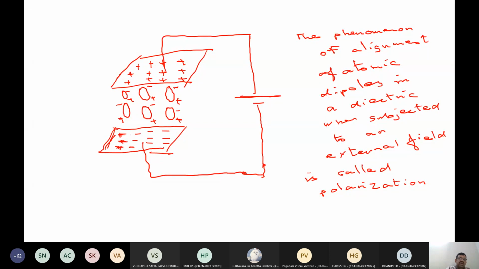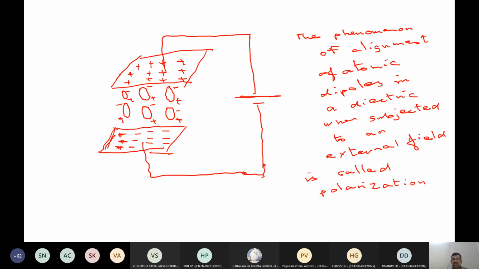But the field due to polarization of the dielectric is in the opposite direction to that of the field due to the external DC source. So charging can happen only until the balance is achieved between the induced field and the applied field. Then no more charging can happen, and we can say the capacitor is fully charged. Is that point clear?